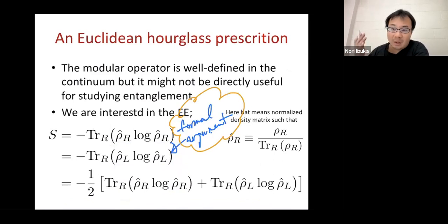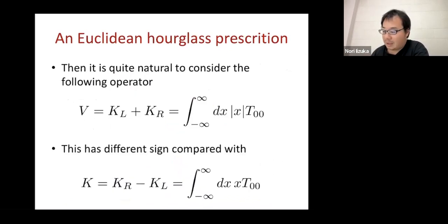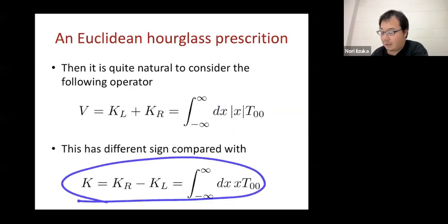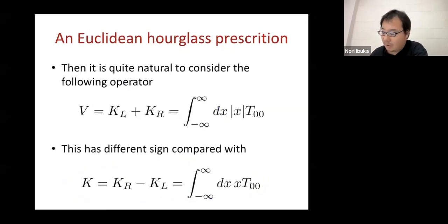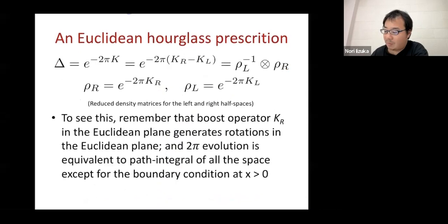On the other hand, the K which we define here does not. Why? Because in the modular operator, right and left are handled the opposite way. The modular operator is right minus left.